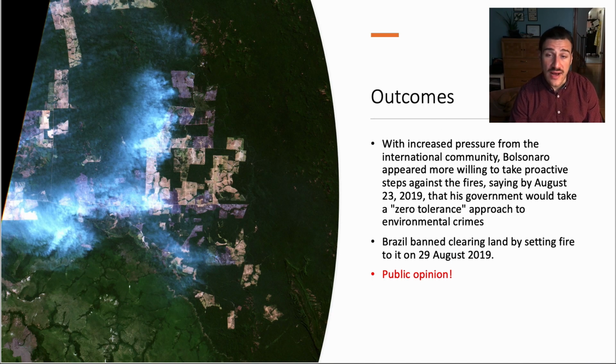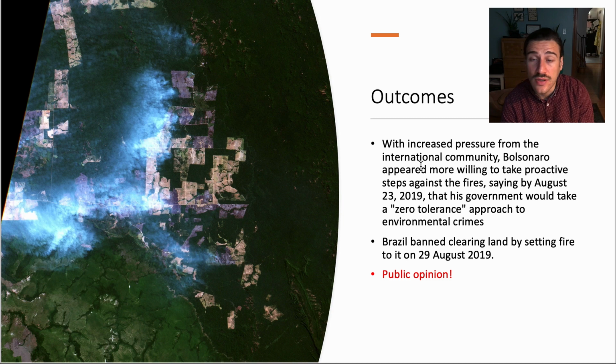The outcomes, however, the increased pressure from the international community actually made Bolsonaro more willing to be proactive in mitigating these massive fires. And on August 23rd in 2019, he said that the government would take a zero tolerance approach to environmental crime.